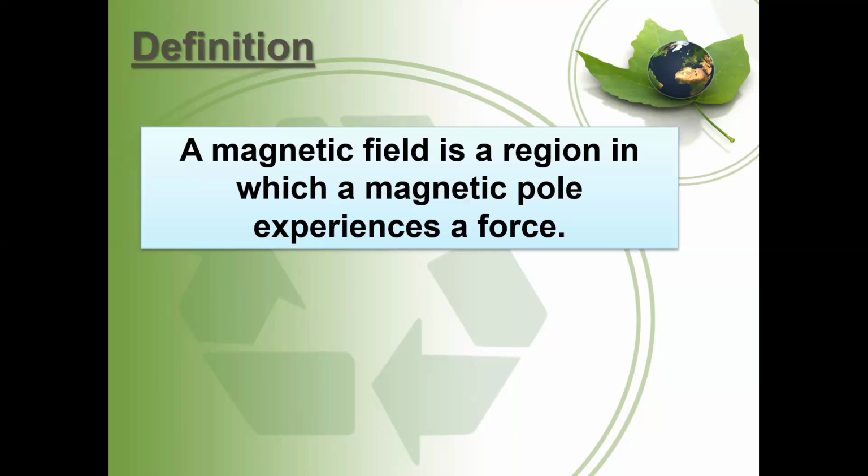What is a magnetic field? A magnetic field is a region in which a magnetic pole experiences a force. This is like a concept that Wi-Fi has a range, Bluetooth has a range. Similarly, mobile company signals have a range. This range is actually called a field. A field is a range in which signals are detectable.